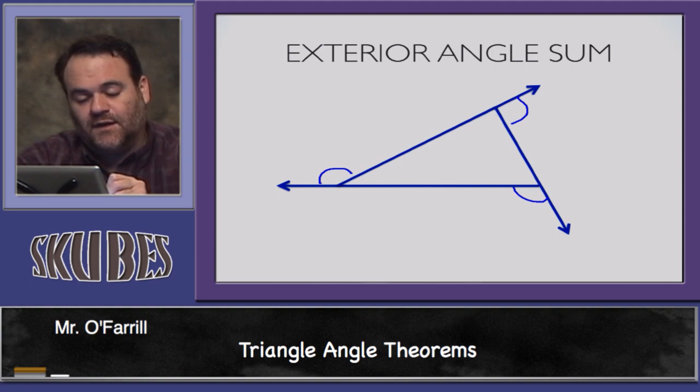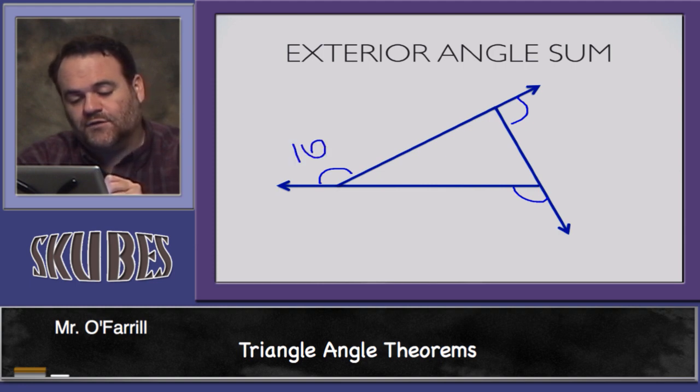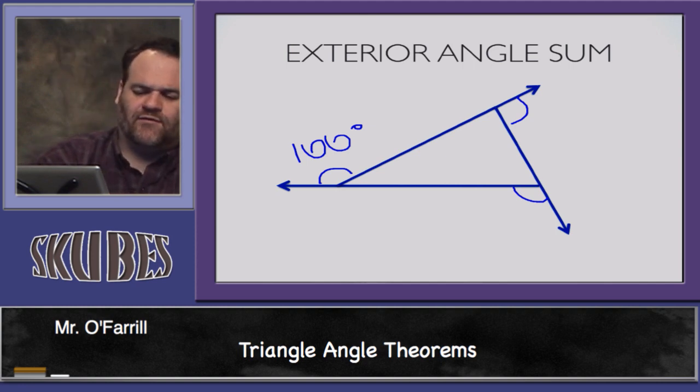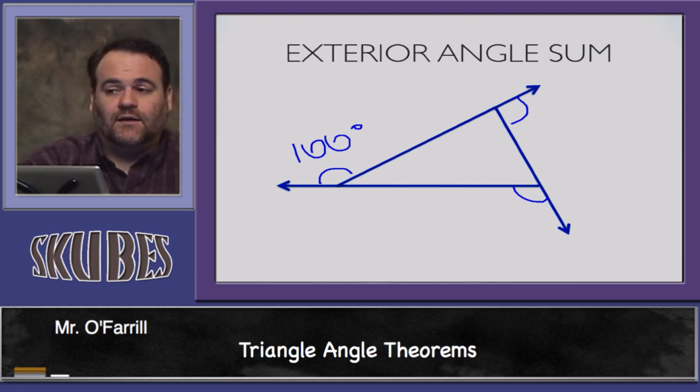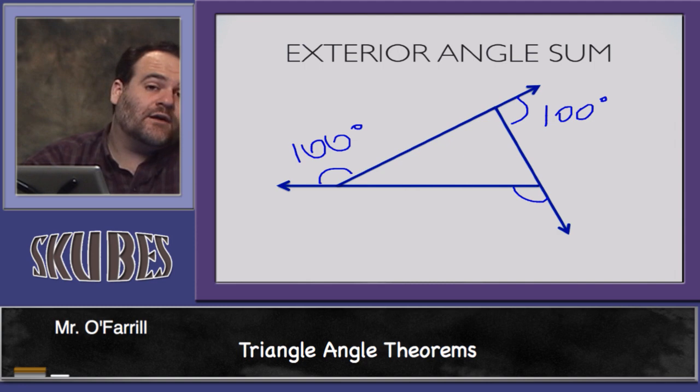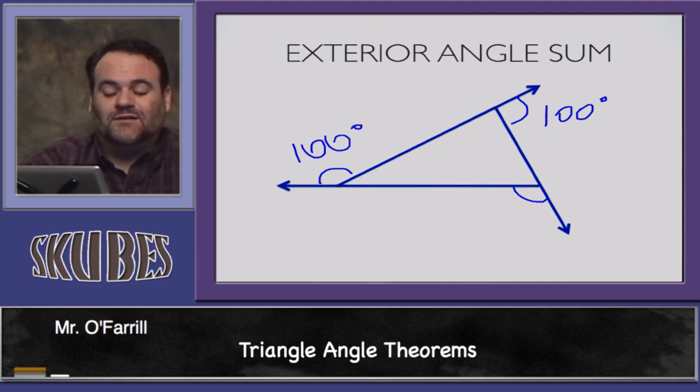But if I wanted to make this one 100 degrees, kind of looks like a frowny face, and I wanted to make this one also 100 degrees, what would be the measure of the remaining exterior angle? Same rule applies for interior.